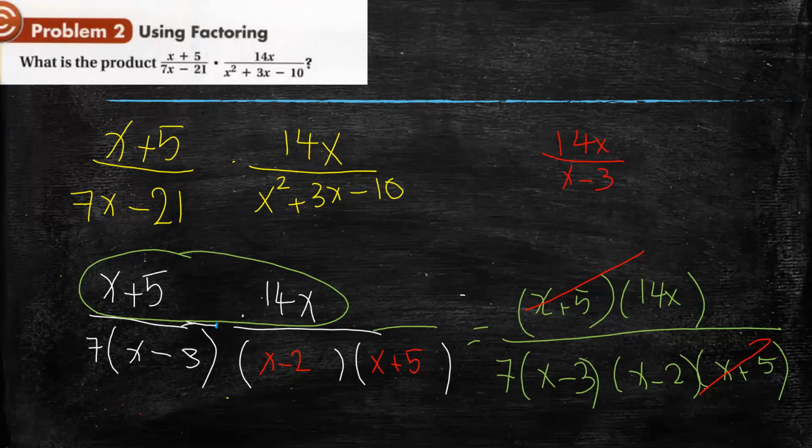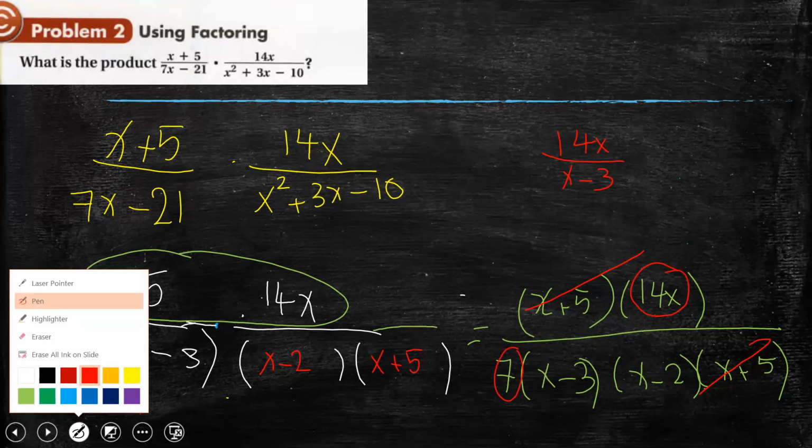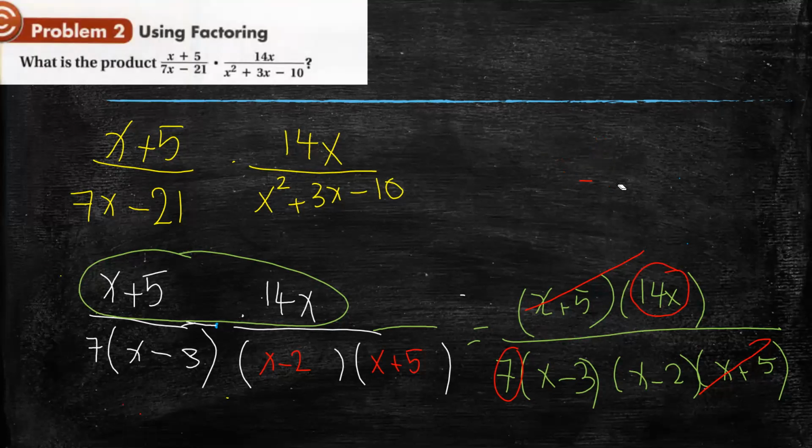So look at the last one here. How can you simplify 14x with 7? Think about 14. 14 is a product of which two numbers? 2 and 7. Bravo. So here we have 2 and 7 and x. So let's now cancel 7 with 7.